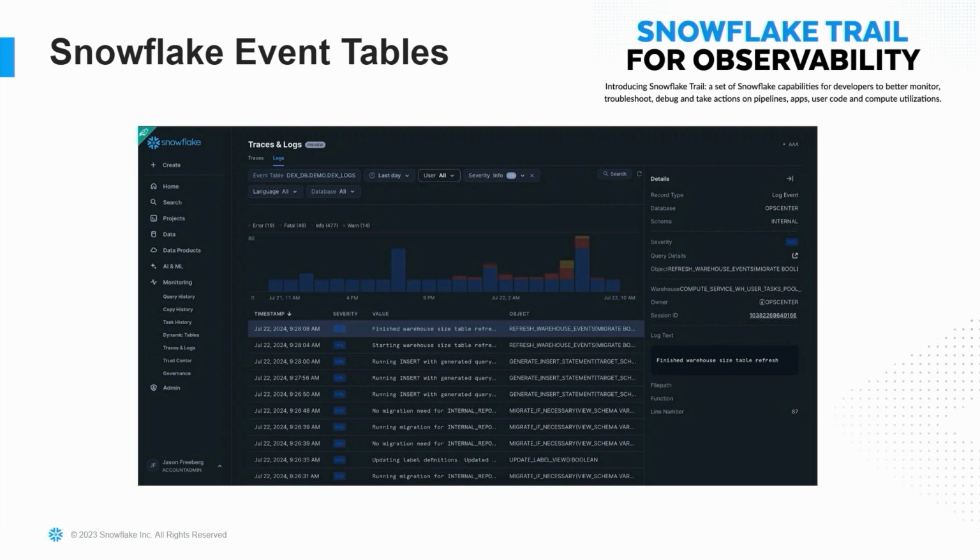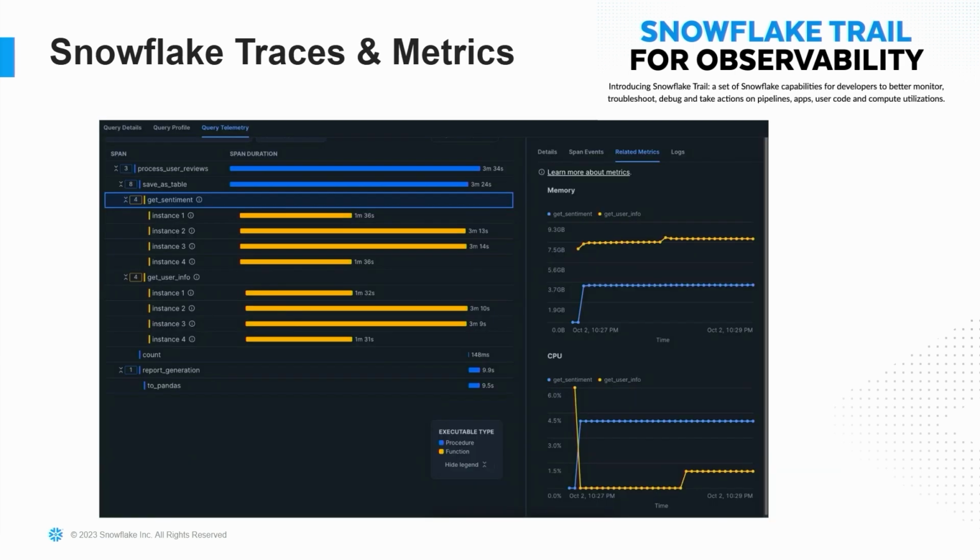So logs, traces, and metrics all within Snowflake in event tables ready for you to consume. Next thing is, this is how it looks, basically. So if you take advantage of it, you can see your different spans, traces, and metrics there. This is spans and metrics. And the event tables give you the logs, right?